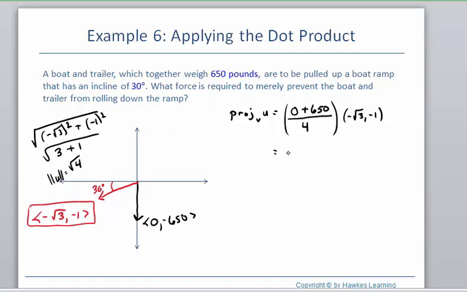That gives me 162.5. And then we have it multiplied by our vector for the boat ramp. All right, so I have 162.5 on the square root of 3, and that will be negative, and I have negative 162.5 for my projection vector.